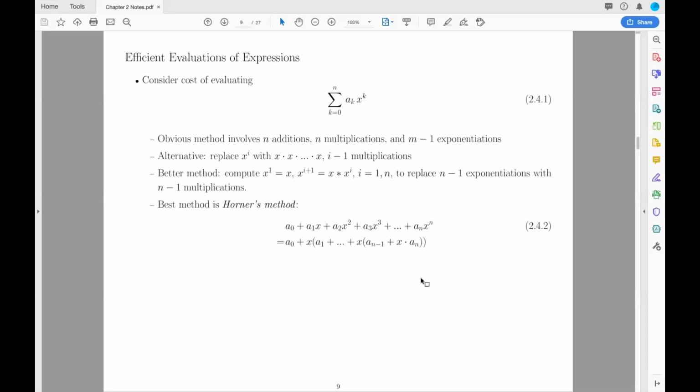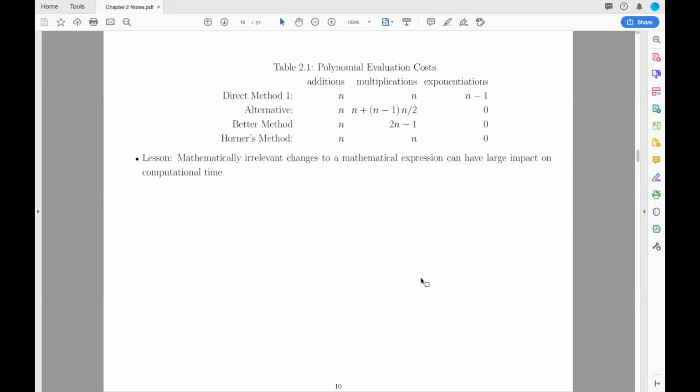In particular, one thing that is a killer is if you have the same expressions that appear multiple times in your overall formula, and getting rid of that is generally worth the effort. So how you write things doesn't matter in algebra, in mathematics, but it matters a great deal in computation performance. And here's a little table of the dumb direct method and these various alternatives.